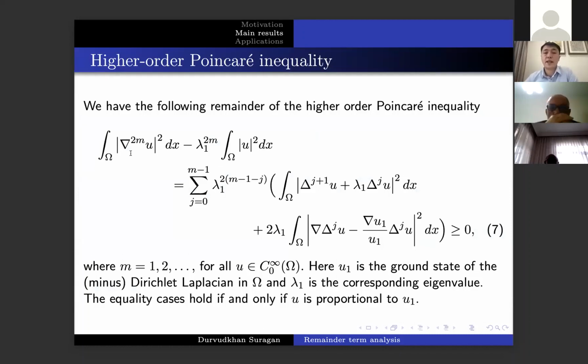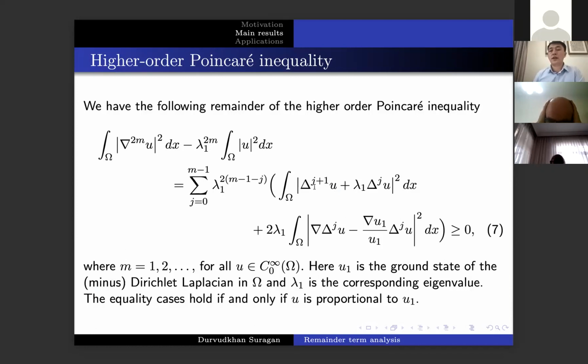It says that here we have a higher order term in the Poincare inequality, and if we take the difference between these terms, then this difference can be expressed explicitly in terms of a sum of some positive values. So please pay attention to the right-hand side of this equality.